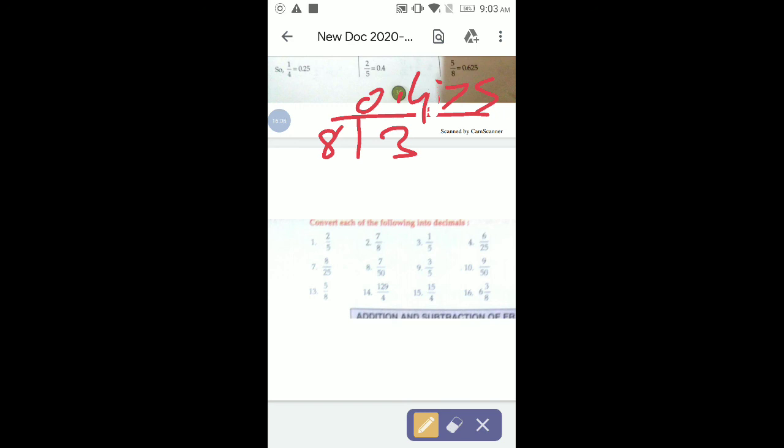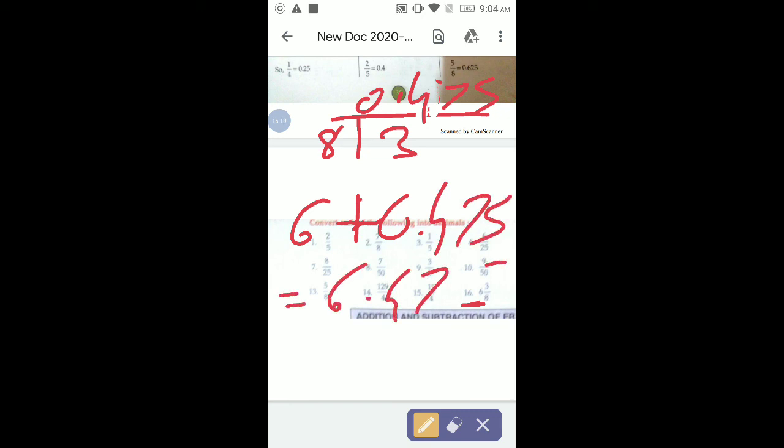So the whole number is there, so you will have the answer 6 plus 0.375. So you will get the answer 6.375.